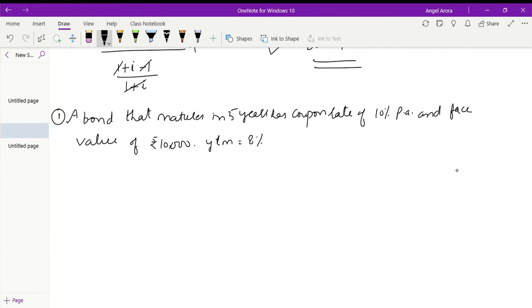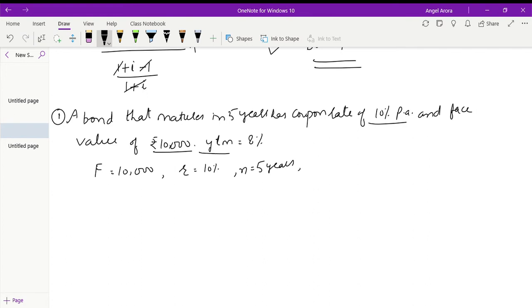So given F, face value, is 10,000. So F is 10,000. Coupon rate is 10% per annum. So that means R is equal to 10% per annum. And that matures in 5 years. So N is equal to 5 years.